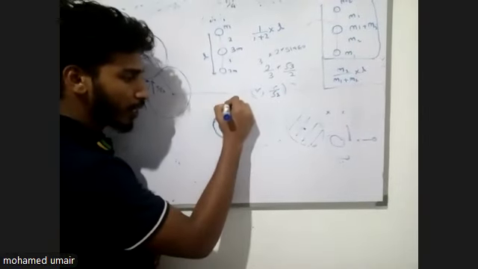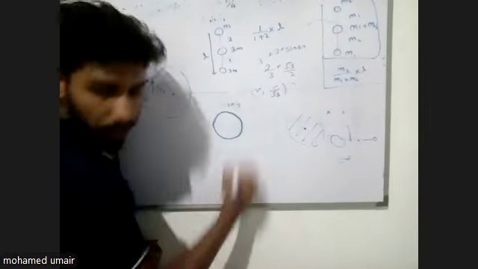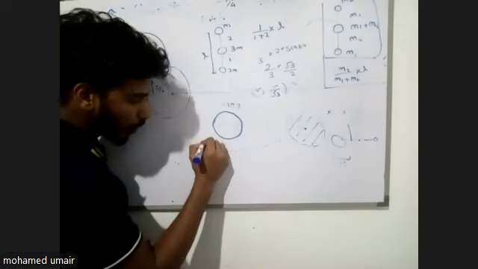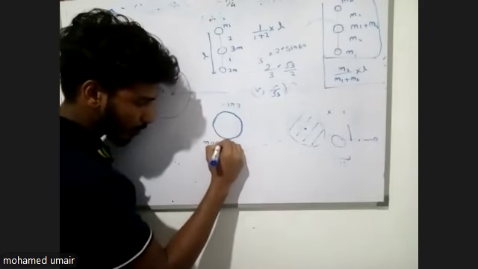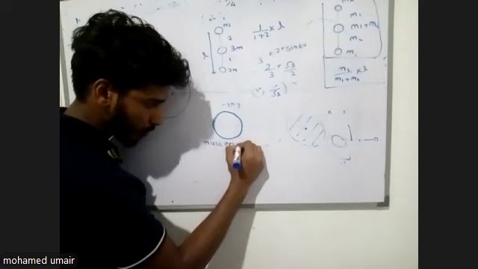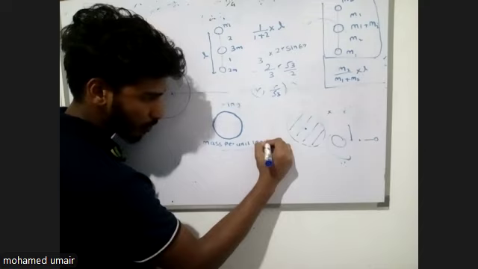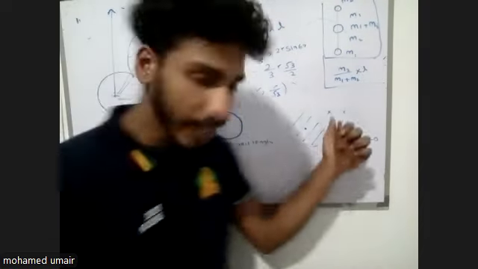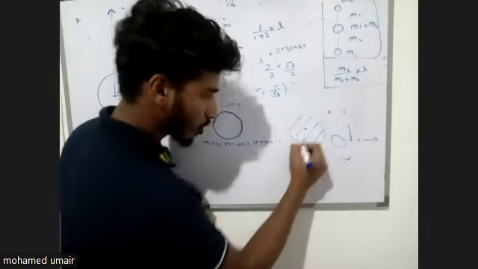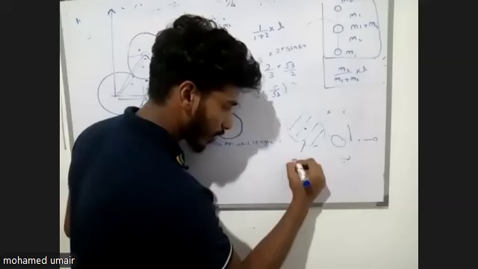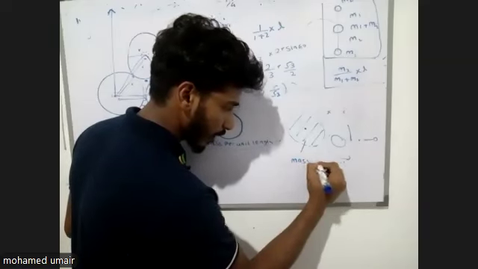So the idea is when you are having a ring, consider mass per unit length. And when you are having a sector, consider mass per unit area. Then it will be easy, okay?